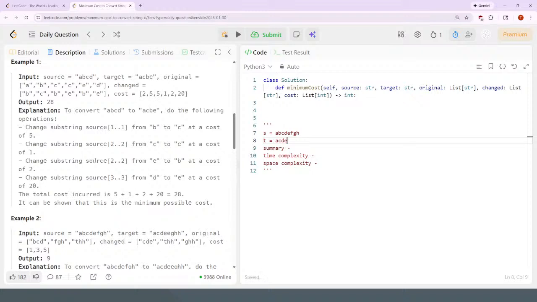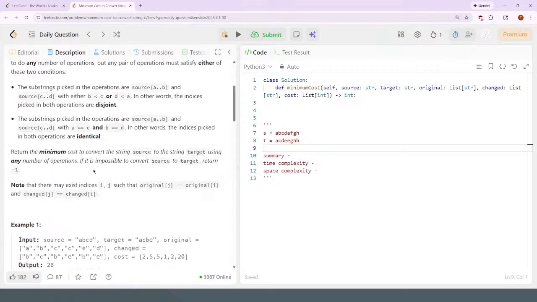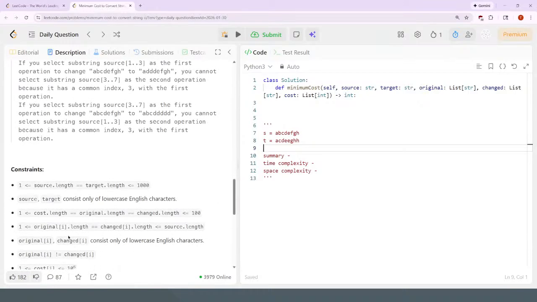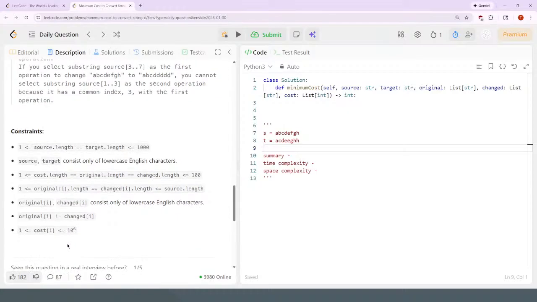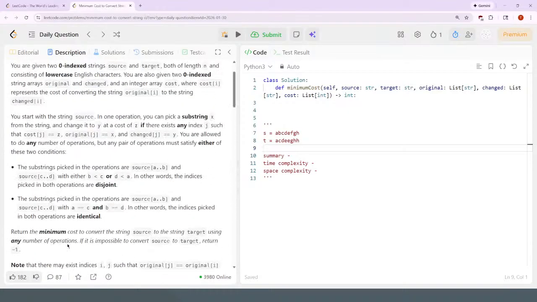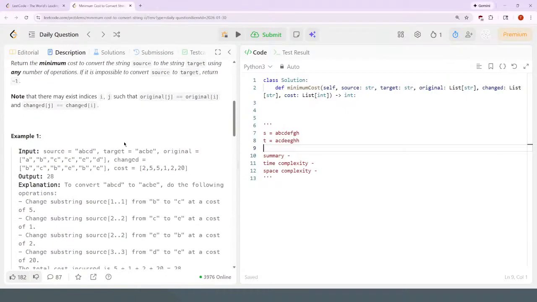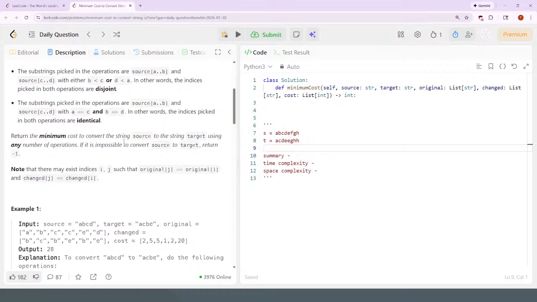Target is A, C, D, E, G, H, H. So are all the things in source and target the same? I don't think so. Source at I and target at I are probably equal in length, right? Surely they're equal in length.